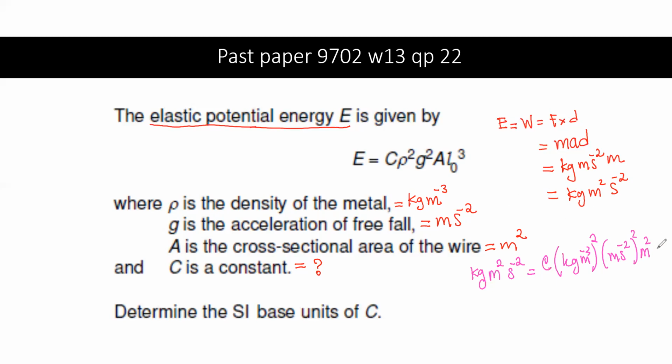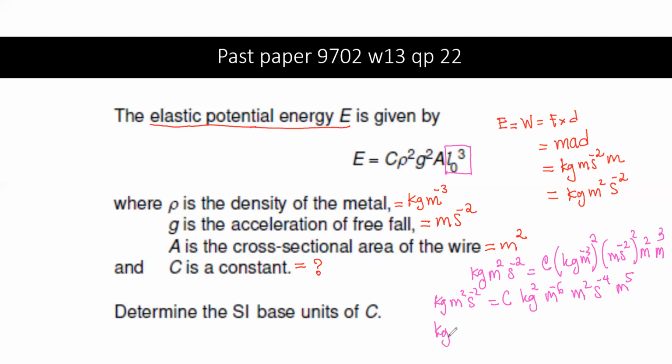L0 to the power of 3 is meter cube, right? Because this is the initial length. Now we can simplify the units on the right-hand side. So kilogram meter square s minus 2 equals C, kilogram square meter minus 6, meter square, s minus 4, meter power 5.